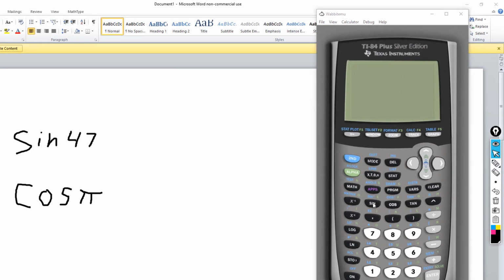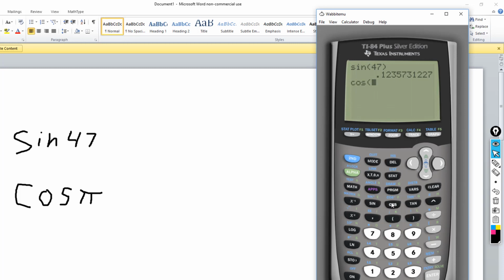So we hit the sine function, and then I enter 47, and then I hit enter. So this is telling me that the sine of 47, and here I'm looking at degrees, is 0.1236 to 4 decimal places.